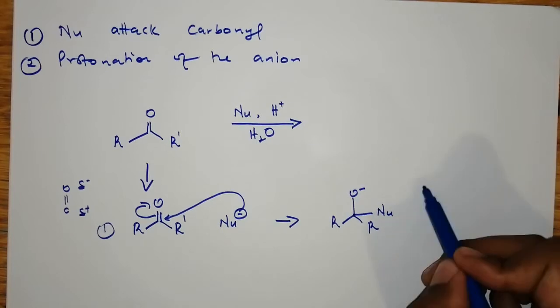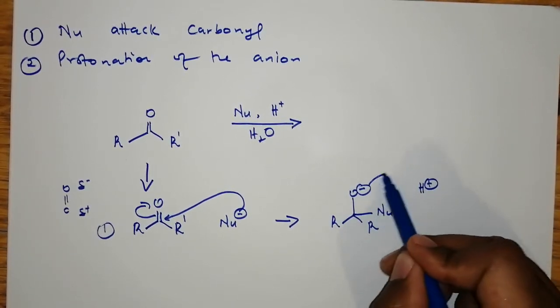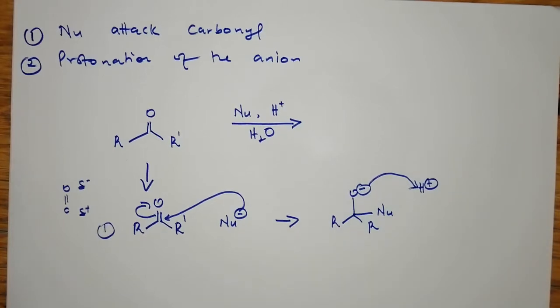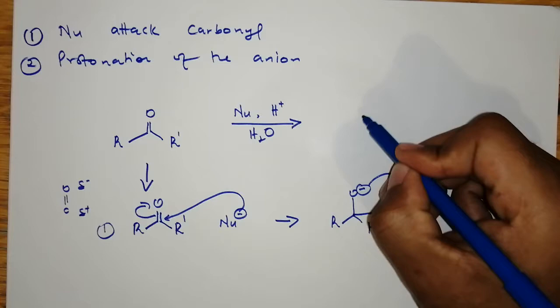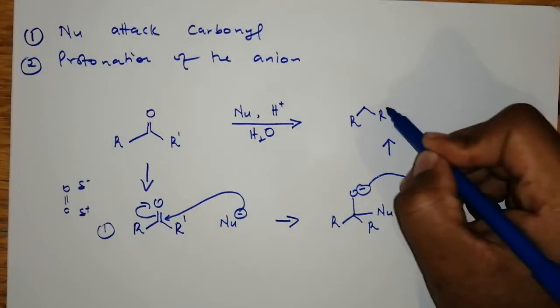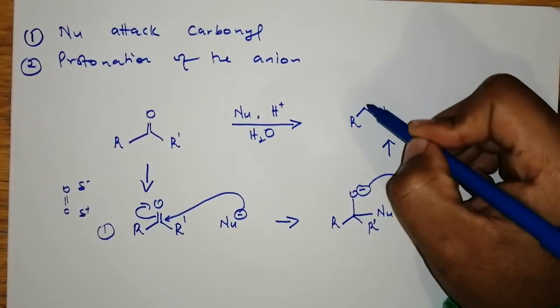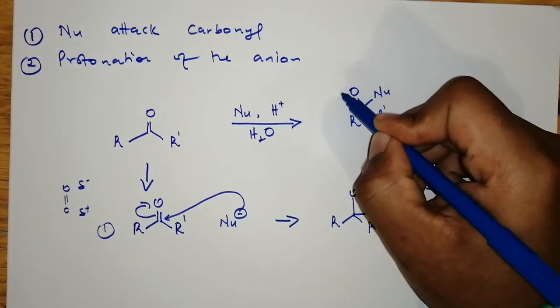Secondly, we're going to have protonation. This negative charge is going to come here, and then we are going to have our final product, which is going to be like this. You've got our R prime right there. Then there's our nucleophile.